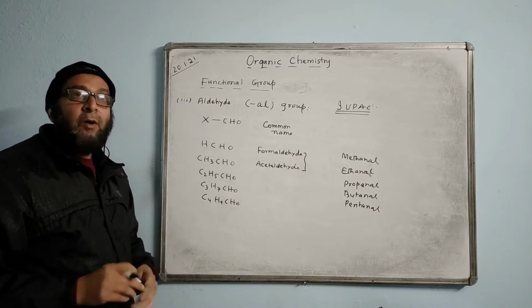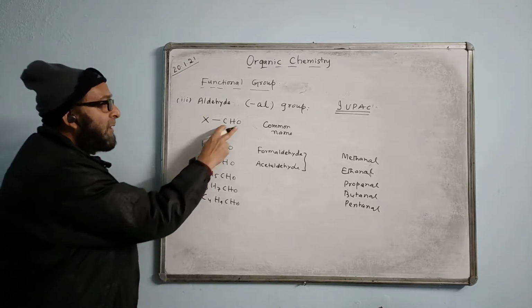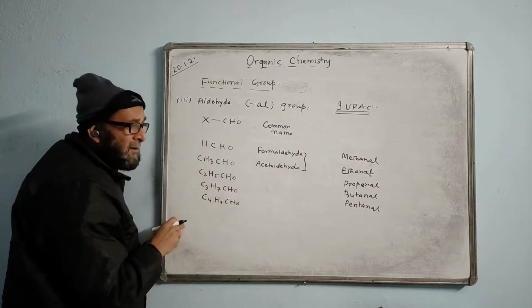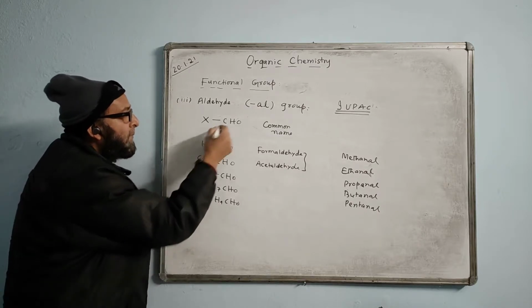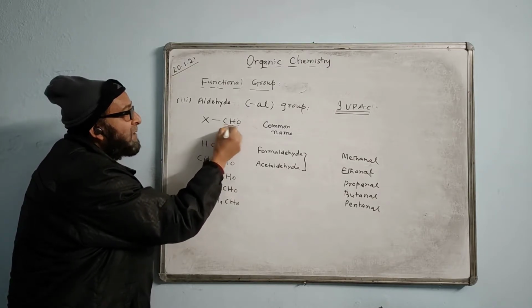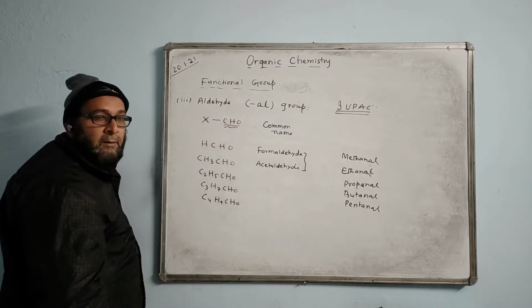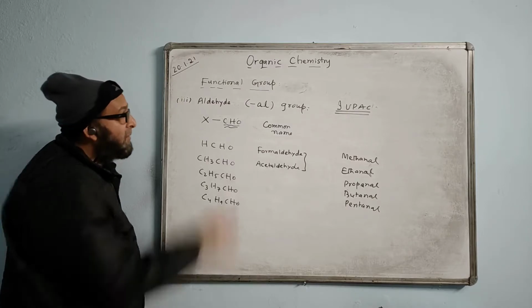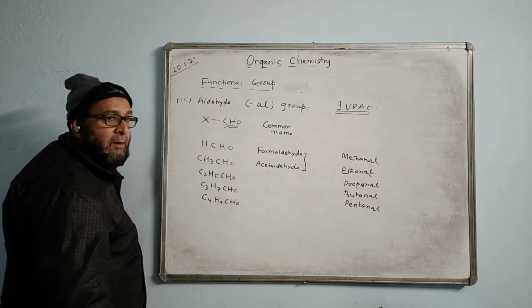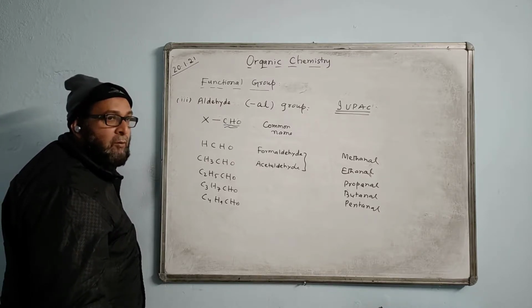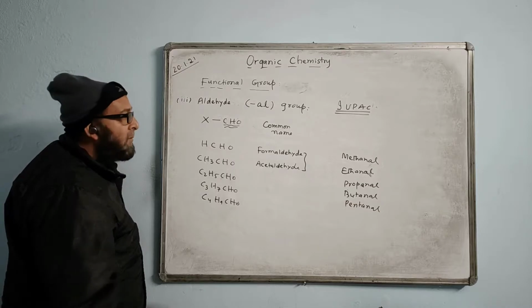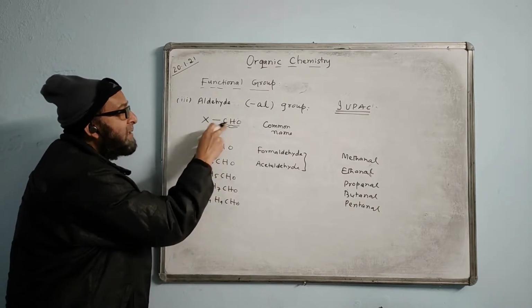Now the structure formula, how do we write? Just see the structure formula. First you have to write C. CHO is the identification mark, the ID of this group. Like OH is the identification of alcohol, in the same way aldehyde is CHO.